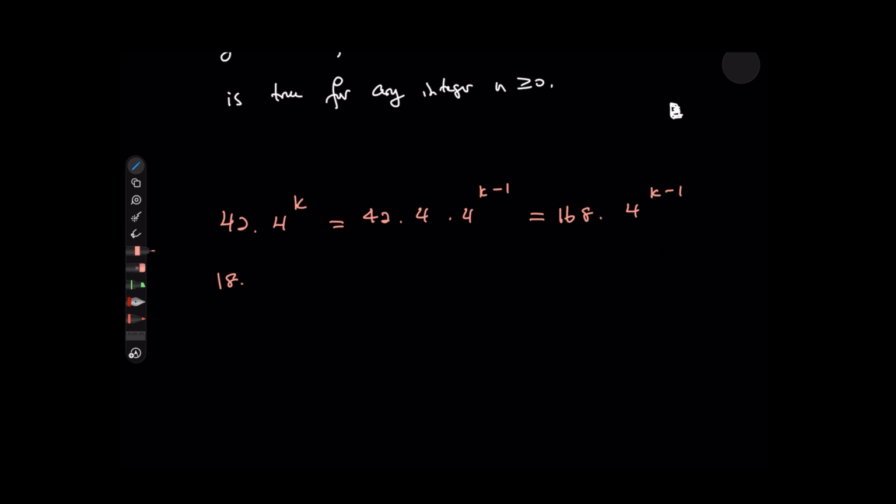Similarly for 18 by 2 to the power of k, work backwards, so same k minus 1. You'll get 36 by 2 to the power of k minus 1, because when I add the indices here, I get back k. That's the point of this negative 1 here.